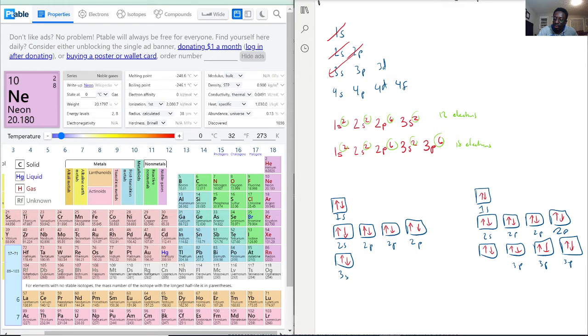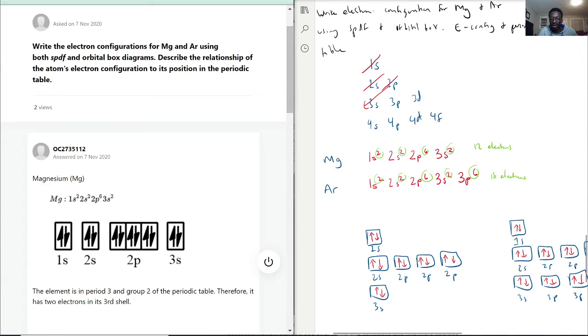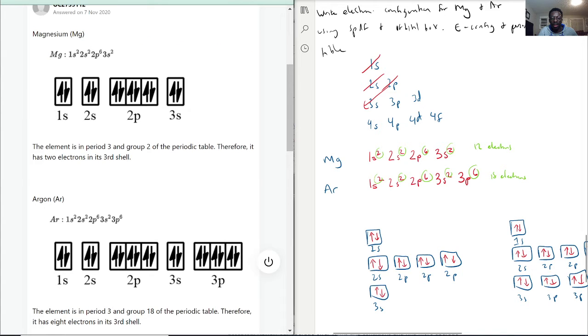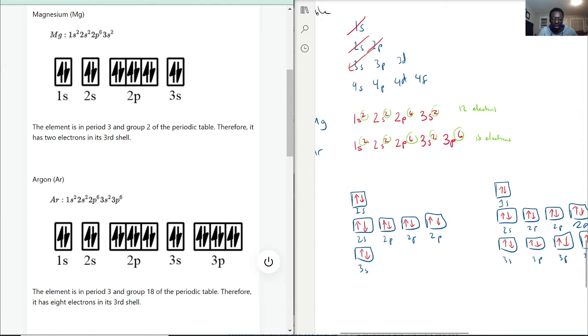Okay, so let's see how we did. We have exactly 1s2, 2s2, 2p6, 3s2, perfect. Orbital box notation, we've shown it here. And then for argon, we now end with 3p6, and exactly, we've added that extra part.